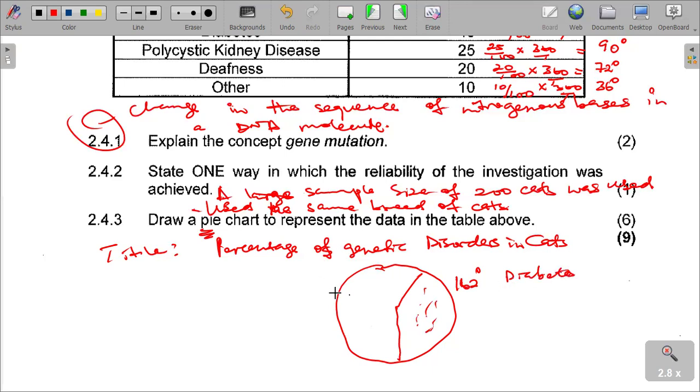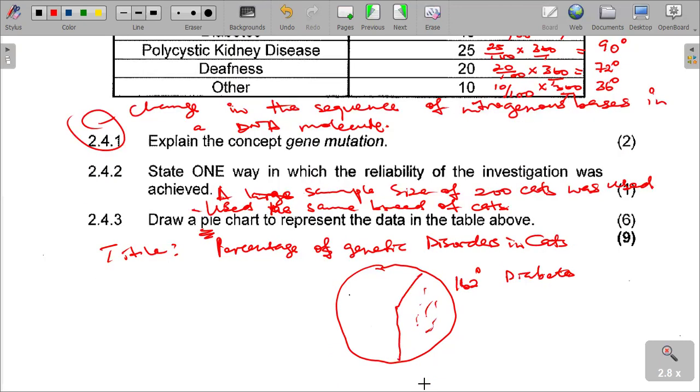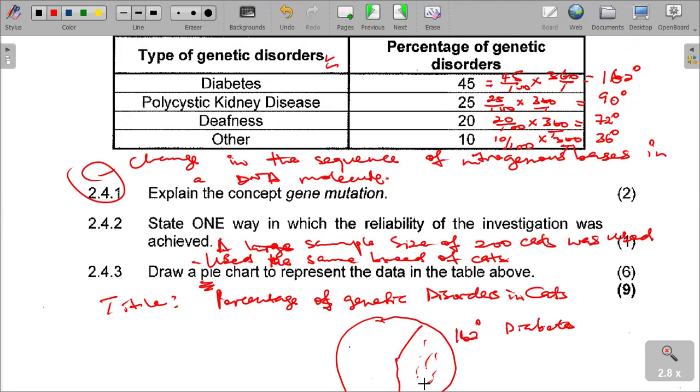Then we have the next one, polycystic kidney disease, which is 90 degrees.